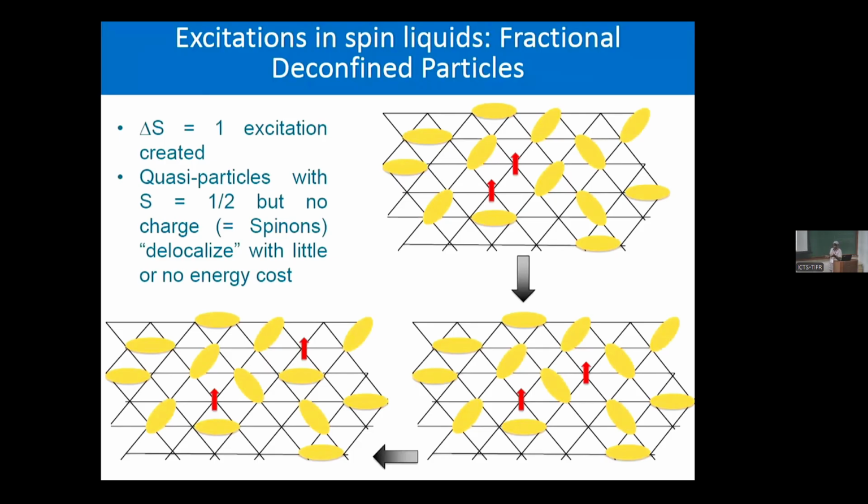And there are other kinds of excitations in a spin liquid as well, like Subir mentioned. If you have vacancies, then these would be holons, and they move around with a charge but no spin.